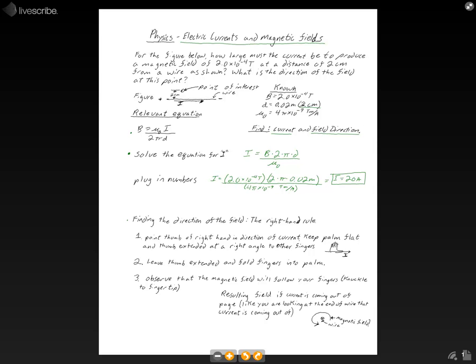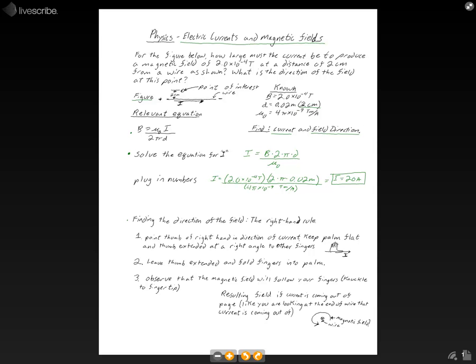As was seen in the figure above, the point is above the wire, and the wire has the current going to the right. When you do the right-hand rule and determine which way the field lines are going, you see that the field lines would be coming out of the board or out of the page.